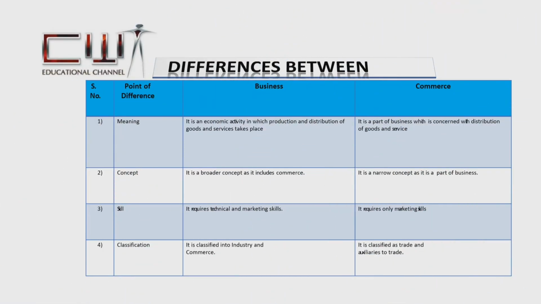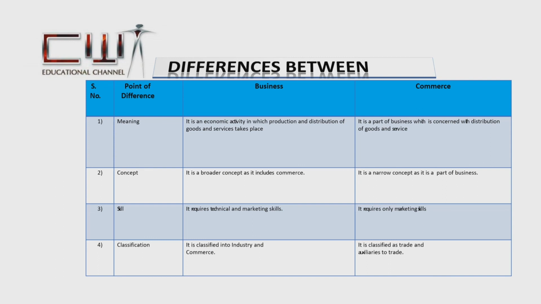Now coming to the differences between business and commerce. Business is an economic activity in which production and distribution of goods take place. And commerce is that part of business which is concerned with distribution of these goods and services. Business is a broader concept as it includes commerce also.